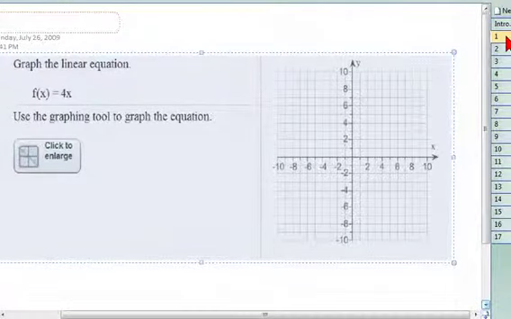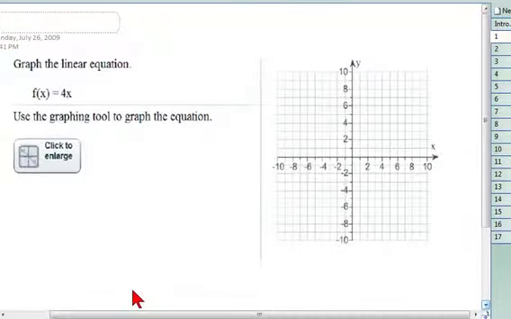It says graph the linear equation. All right, and this has been pulled straight out of a MathLab question. First of all, if you have mature eyes like I do, you probably want to click this little button that says click to enlarge, just so you can see better. You young people probably don't need that, but it's helpful for me.